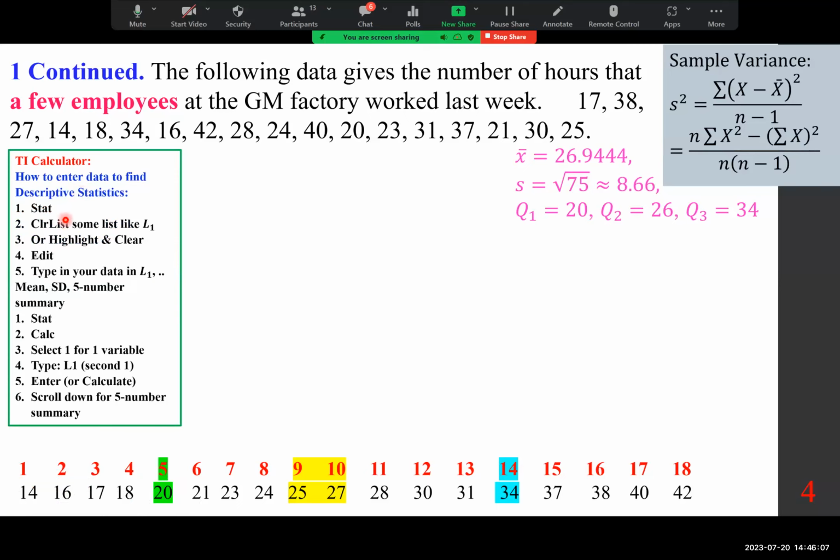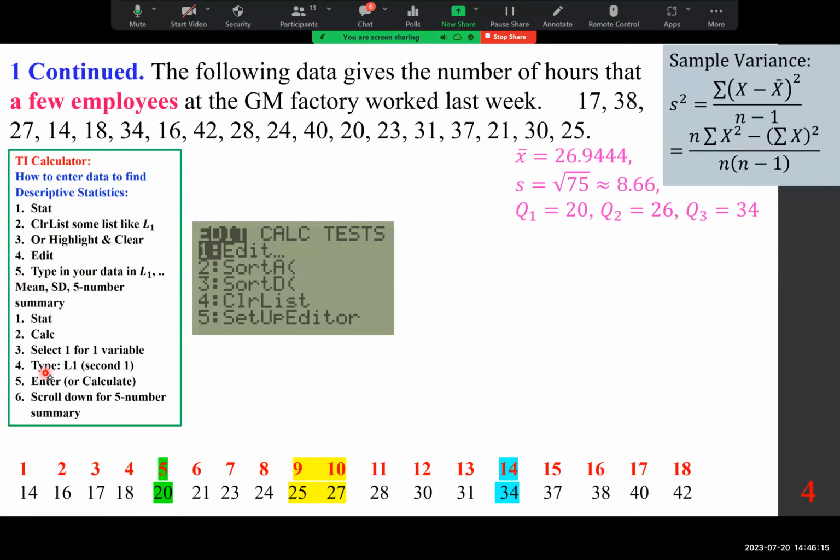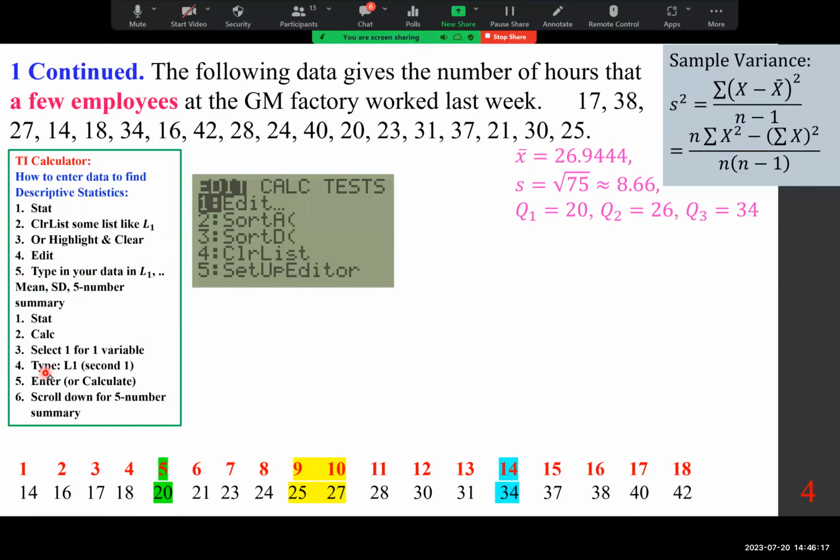You go with stat, clear list, or highlight, edit, type in, and then you go for summary. So here's how it looks like. You click on stat and clear list. You want to make sure there is nothing in the list. And you choose the list of L sub 1 or sub 2, and you put in the information.